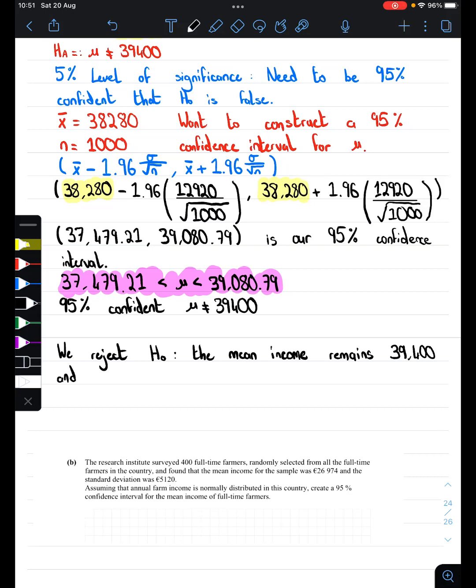And we conclude the alternative hypothesis, that the mean income has changed.